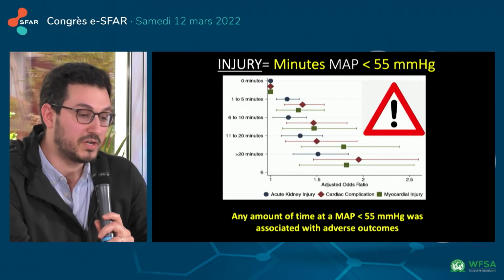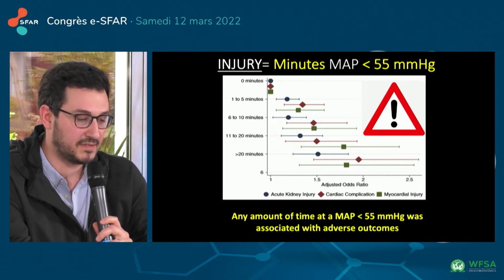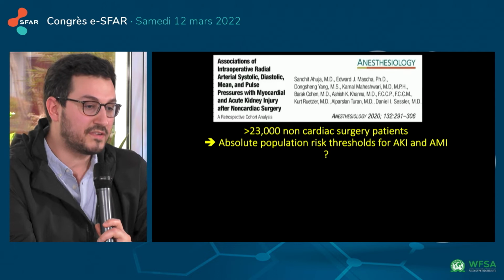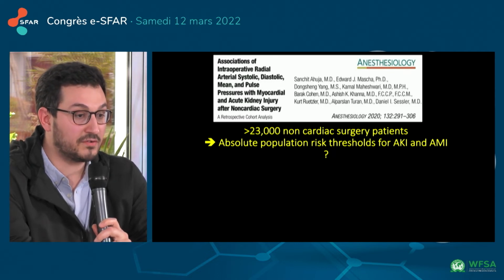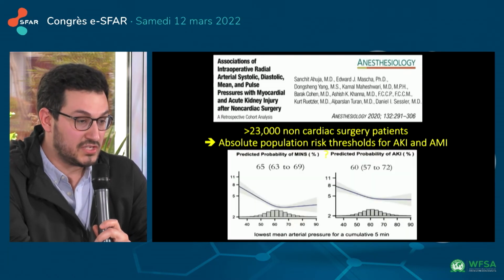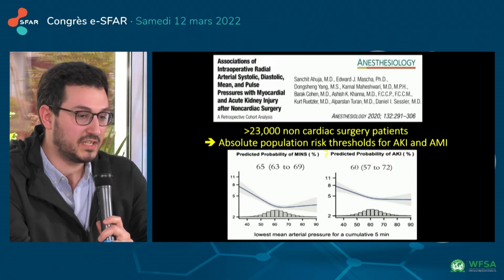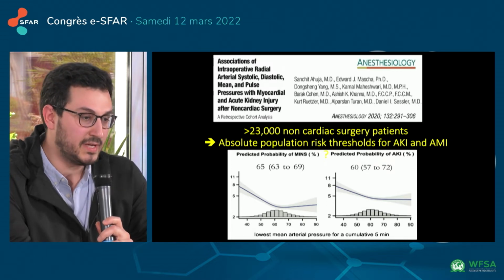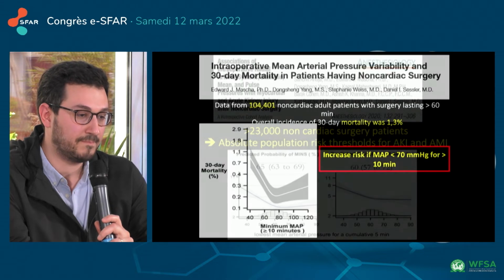And when blood pressure is below 55, even a single minute of hypotension increases the risk. Here, a recent study including more than 23,000 non-cardiac surgery patients defined hypotension as an absolute population risk for acute kidney injury and acute myocardial injury, and this threshold was 65 for myocardial injury and 60 for acute kidney injury.